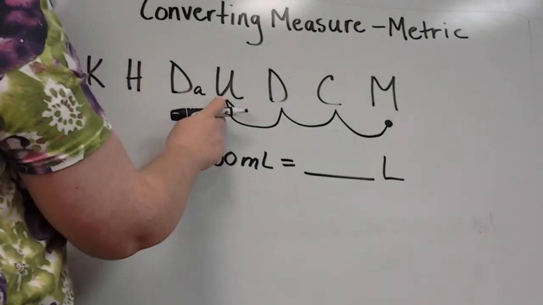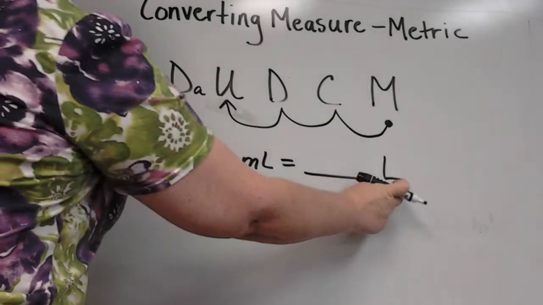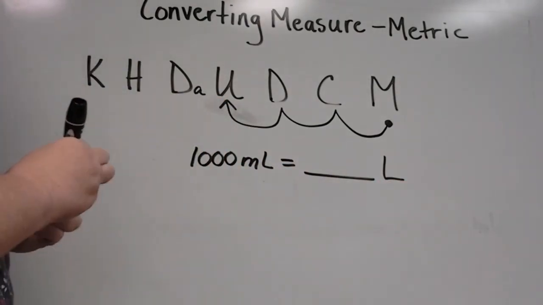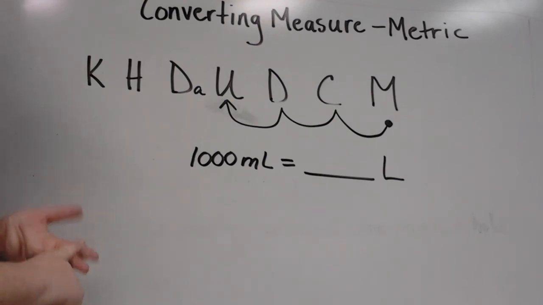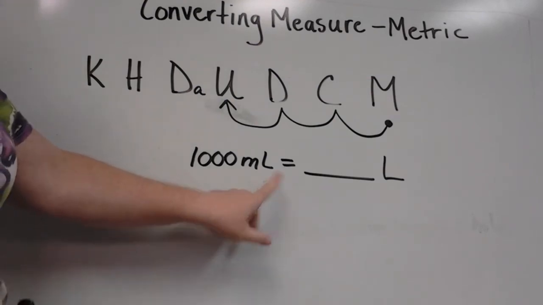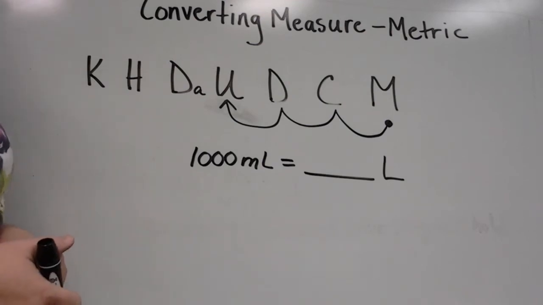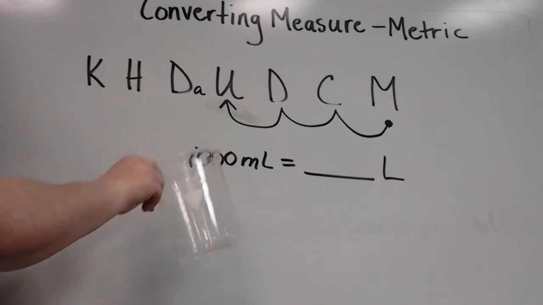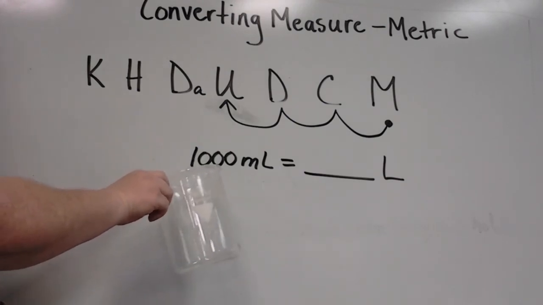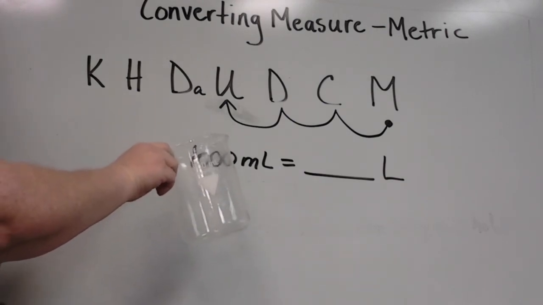Now I'm at units, which in this case is liters. Remember, units can stand for liters, meters, or grams, but we know it's liters because we have milliliters. Okay. And remember, we're trying to find out how many liters is in this 1,000 milliliter beaker.